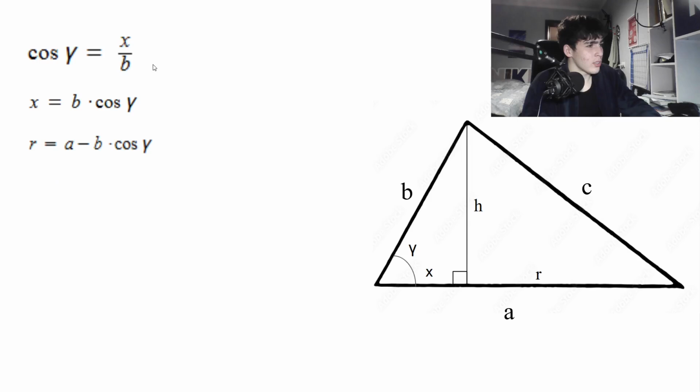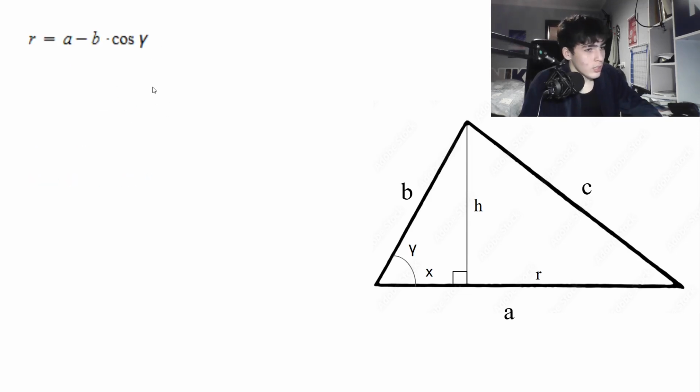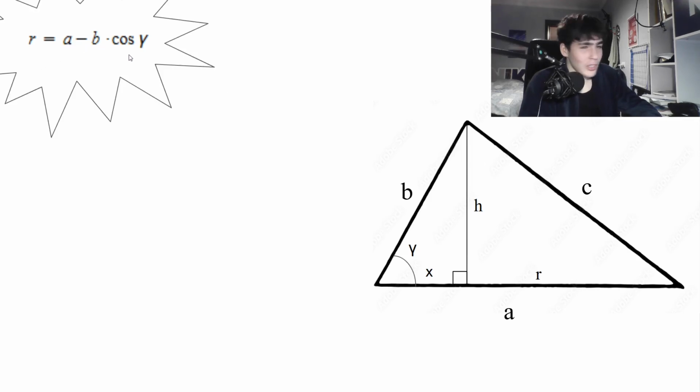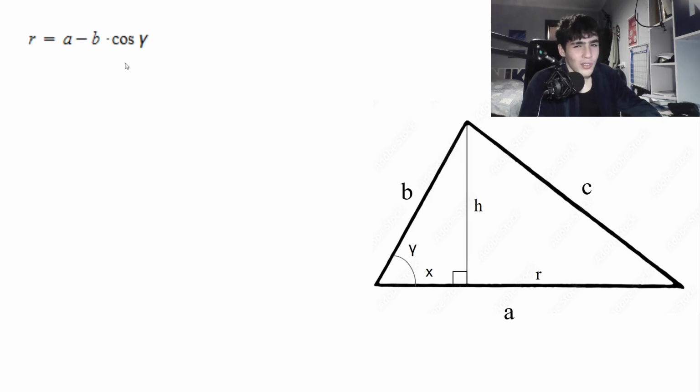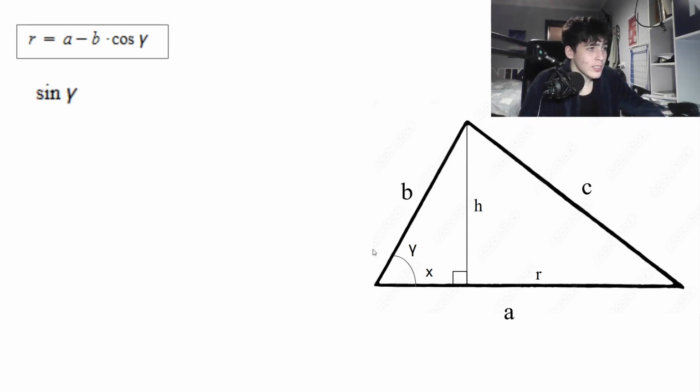Let's delete everything here because it's kind of distracting. So we have our first important discovery, that r equals a minus b times cosine of gamma. Let's put it in a box. How exciting.